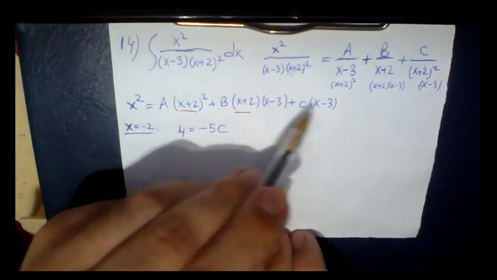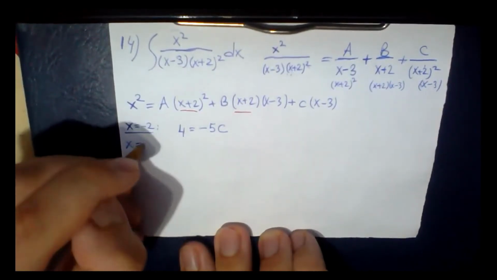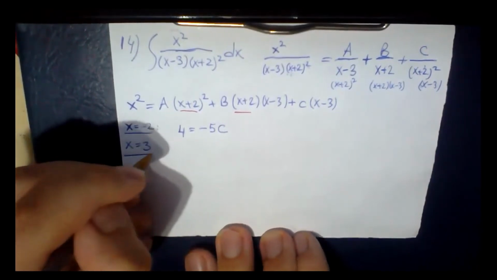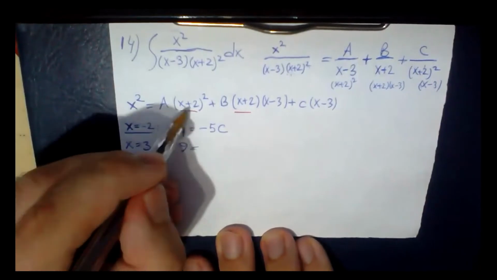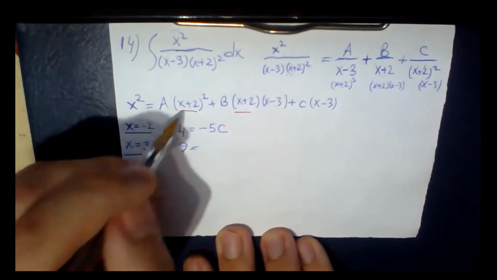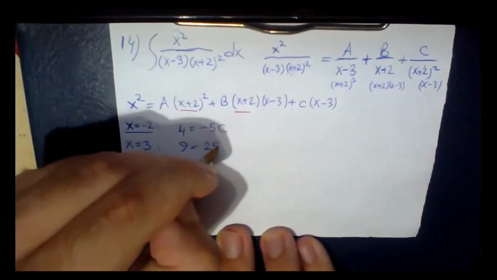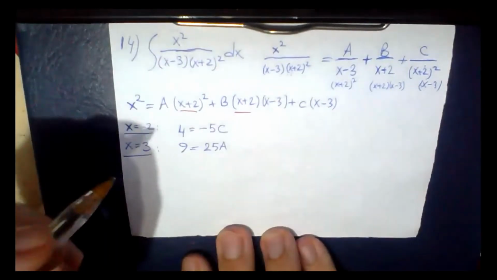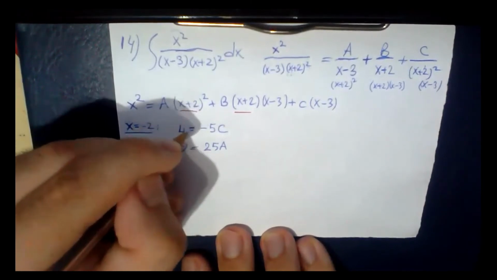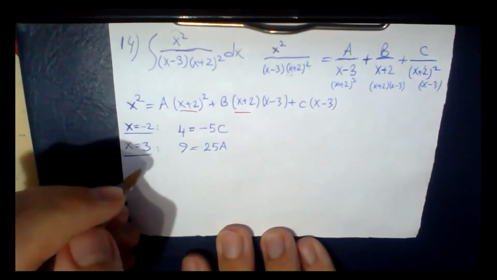Also, to vanish x minus 3, we can choose x is equal to 3. When x is equal to 3, we will have 9 is equal to x plus 2 squared, which is 25, 25a, and these terms will vanish. So we can find a and c from here.